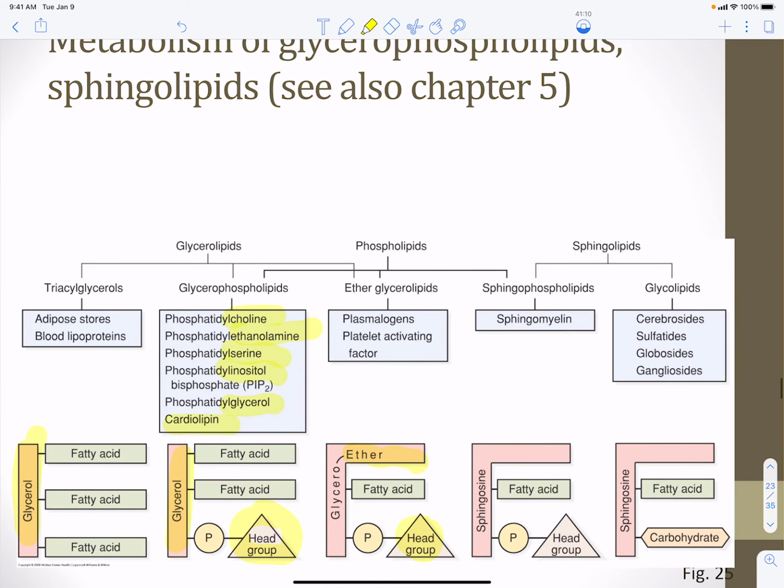We have our sphingophospholipids, such as sphingomyelin, so it has the sphingosine, which again is that ceramide backbone, and it has a phosphate with a head group. And we have our glycolipids, which contain different glycolipids, gangliosides, etc. And so these are going to have sphingosine and different carbohydrates attached.